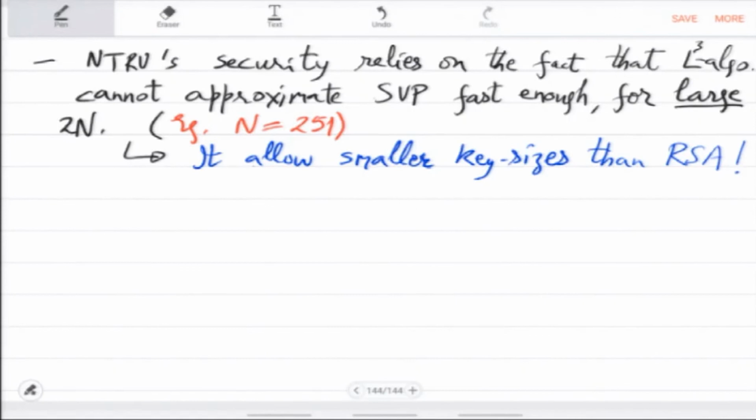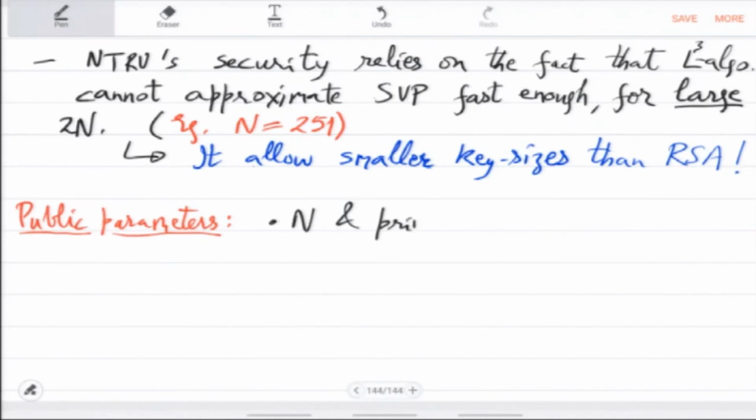So what are the public parameters that the bank will release? Okay, so the bank releases n and prime powers p, q.